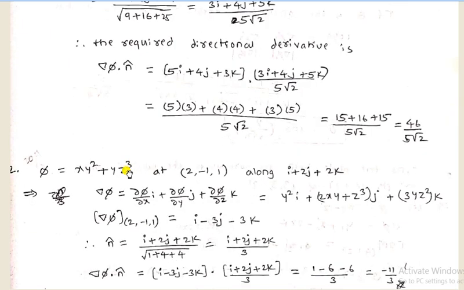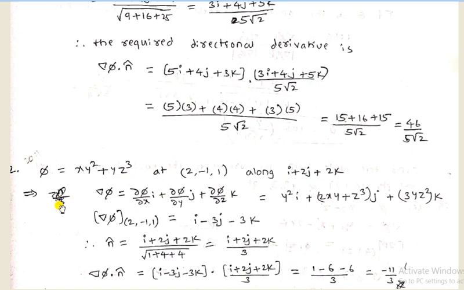Then the second example on directional derivative. Phi is equal to xy squared plus yz cubed at the point 2, minus 1 and 1 along the direction i plus 2j plus 2k.